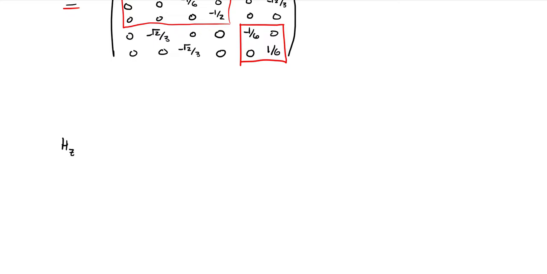Our perturbation Hamiltonian for the Zeeman term is going to be mu_B B times this 4x4 matrix.